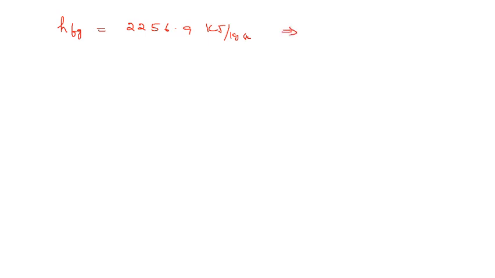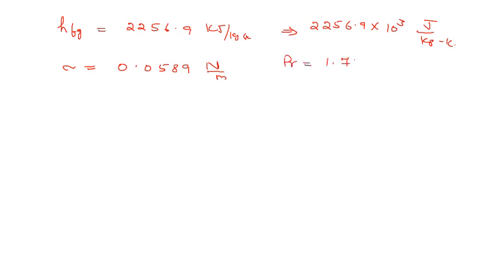Therefore, this value 2256.9 into 10 to the power 3 joule per kg is appropriate. Then surface tension sigma is 0.0589 Newton per meter, and Prandtl number is equal to 1.740. The n value is 1 for water.